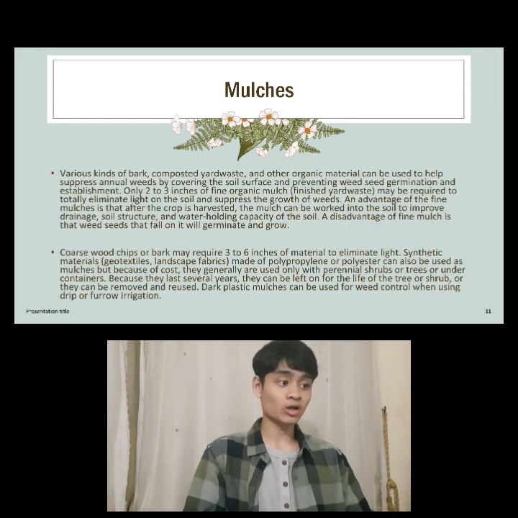Various kinds of bark, composted yard waste, and other organic materials can be used to help suppress annual weeds by covering the soil surface and preventing weed seed germination and establishment. Only 2 or 3 inches of fine organic mulch, such as finished yard waste, may be required to totally eliminate light on the soil and suppress the growth of weeds.